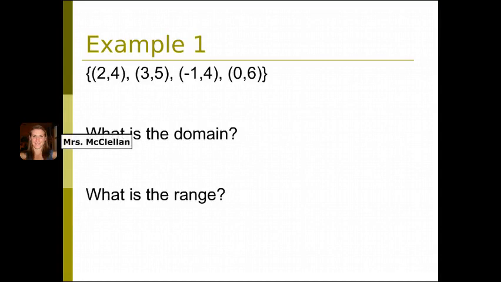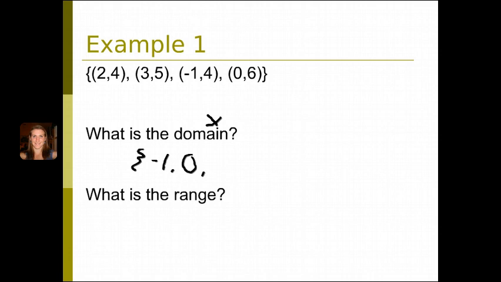For the first example, we are going to look at a relation and label the domain and range. The domain is your x values. So our domain for this relation is -1, 0, 2, and 3.